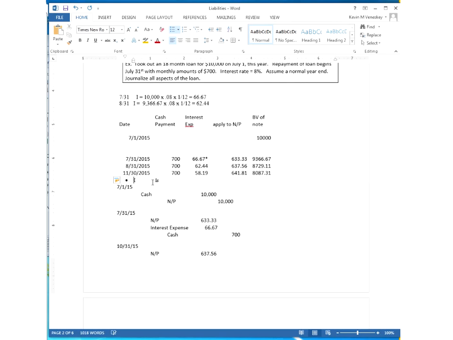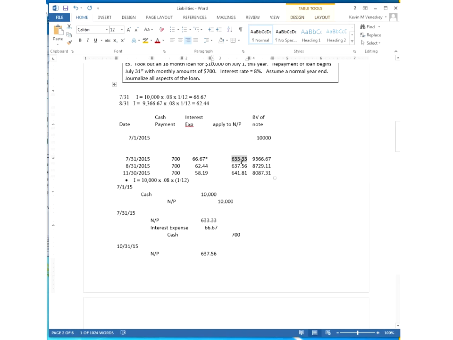My interest equaled 10,000 times 0.08 times, and then I'm dealing with monthly payments, so 1/12. And if you're doing this on your calculator and you don't have a fraction button, I would do 1/12 first. Do 1 divided by 12, and then just work backwards, times 0.08 times 10,000. And that's how you'll get the $66.67.